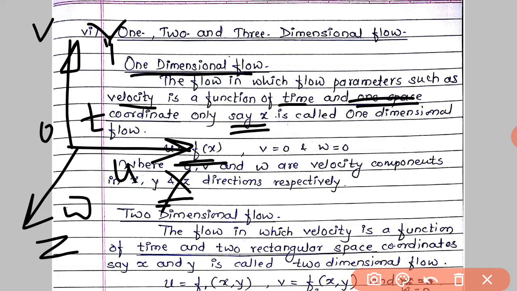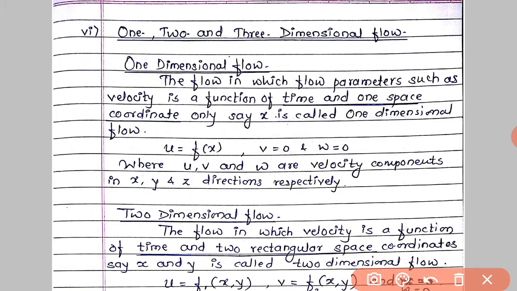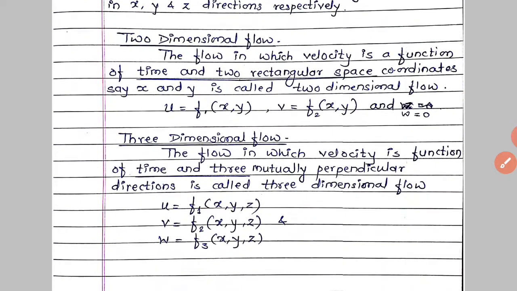Here only velocity in x direction is present, so u is equal to f of x, v is equal to 0 and w is equal to 0. In one dimensional flow, velocity in x direction is only present, where u, v, w are velocity components in x, y and z direction.